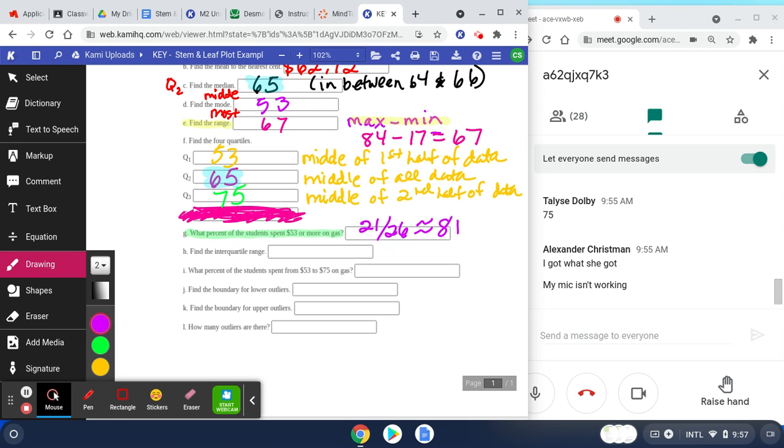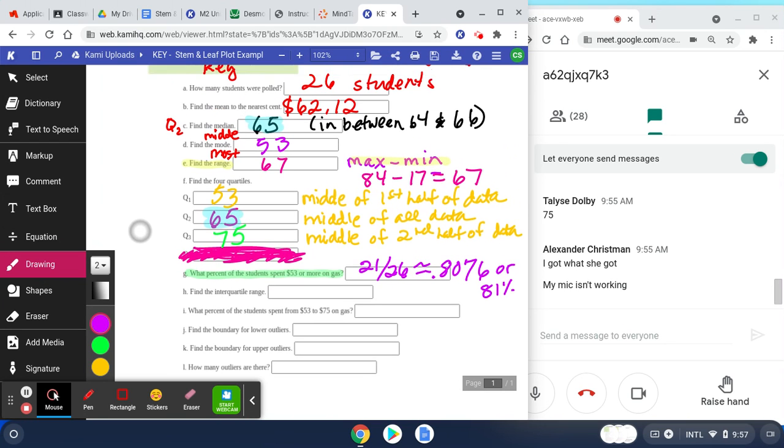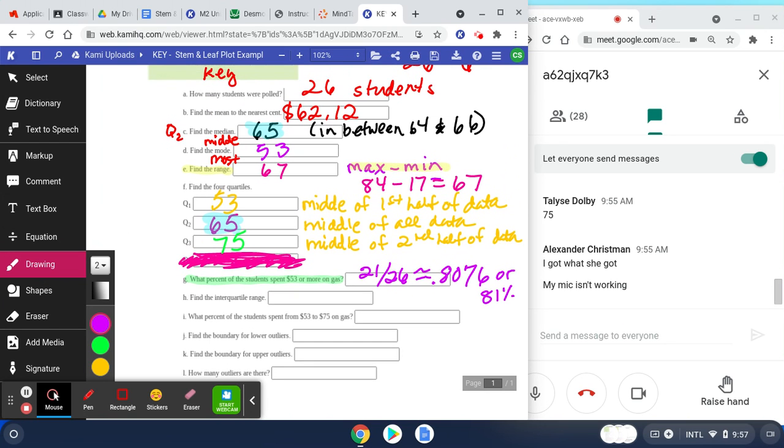So hang on. What comes up in the calculator is 0.8076, and so I'm rounding that up to 81%. So while you guys are writing that down, let's talk about how I got that again. What percent of the students spent 53 or more on gas?